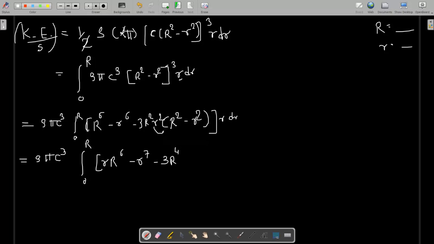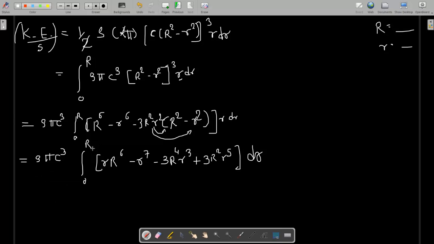I'm multiplying this 3 into r, capital R raised to 4 and small r square and this small r, so small r cube minus, again now I am multiplying this with this, so plus minus minus plus 3 times capital R square and this small r power 2 and this r power 2 plus 4 and plus 1, small r power 5 dr. Okay, so we can integrate each individually also.